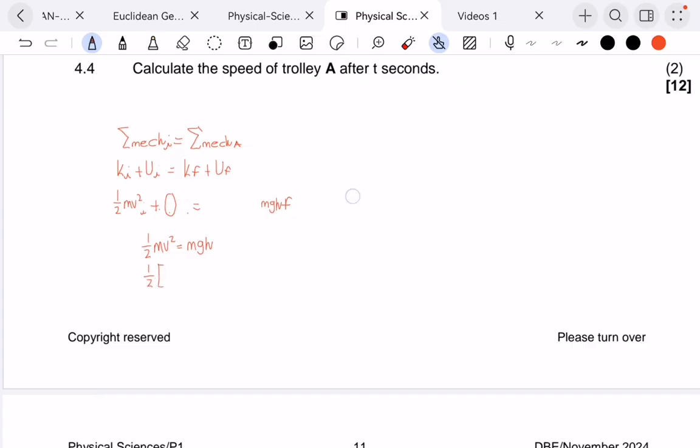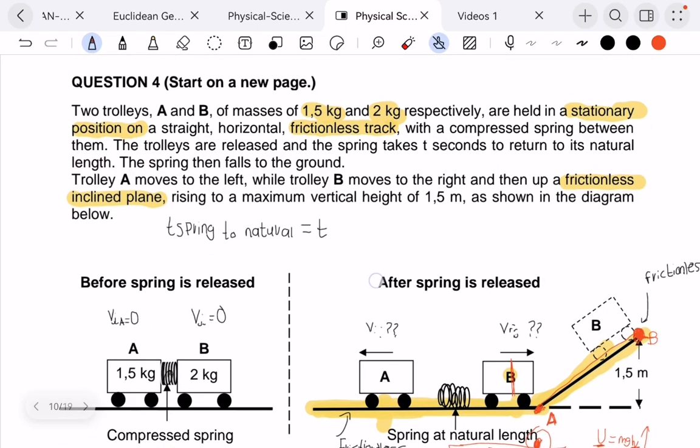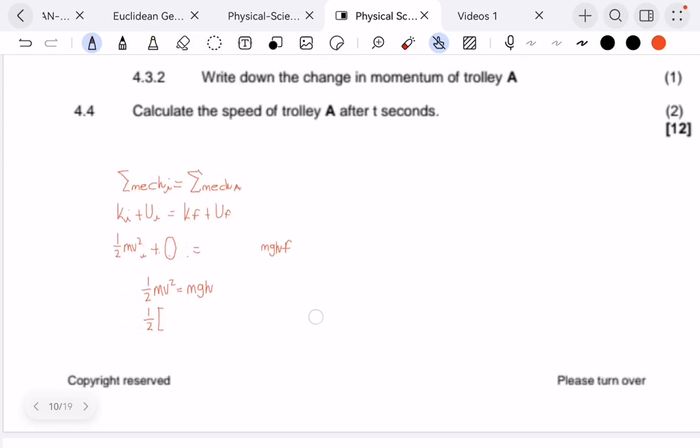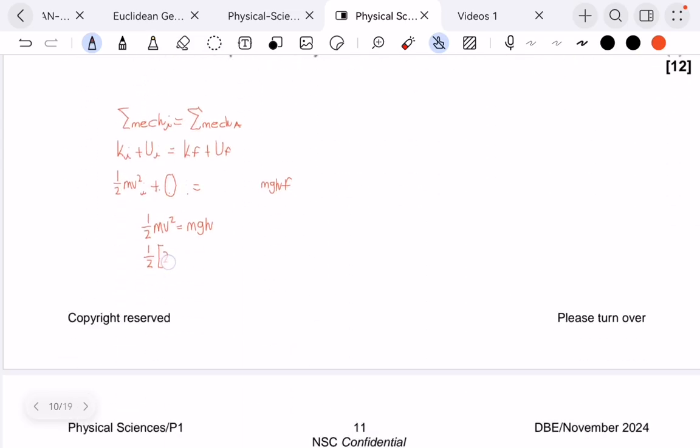So we know the mass of the trolley. What is the mass of trolley B? We are given that it's 2 kg. And then we want its velocity, which is the initial velocity squared. We know its mass, which is 2, but I could have just divided by m on both sides. And then g is 9.8.